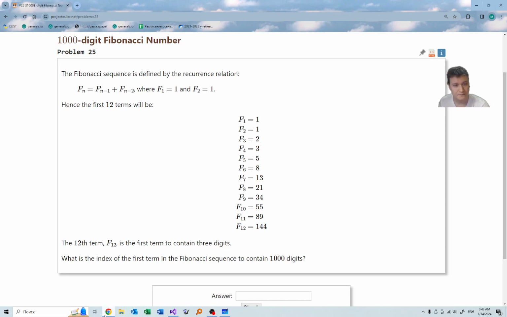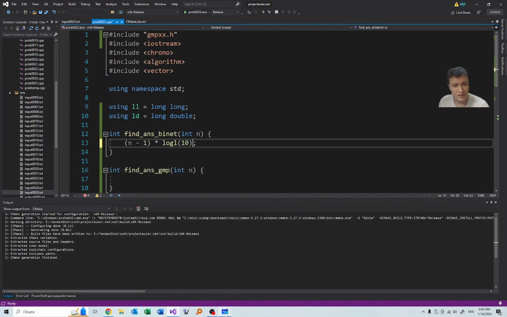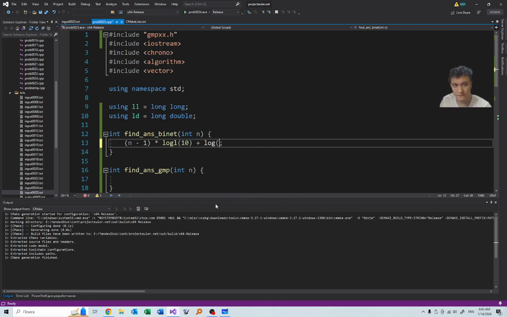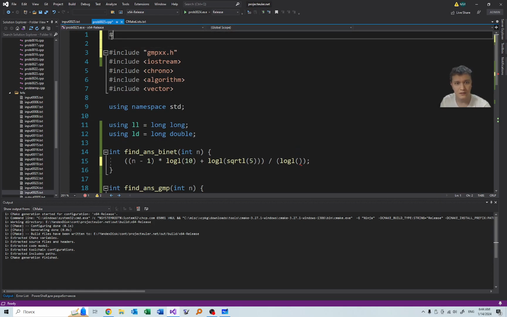Okay. So n minus 1 times logarithm of 10 plus logarithm of square root of 5 divided by square root of 5. No. Logarithm of phi, which I think phi can even be defined in math constants.